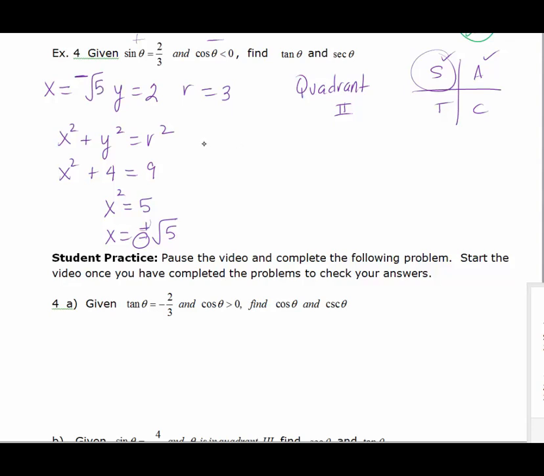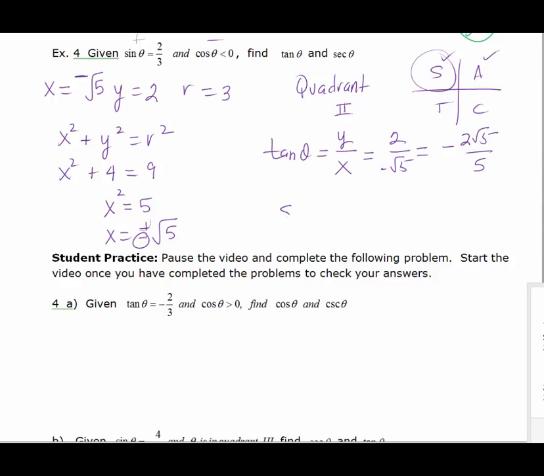And now I can find the tangent of theta. The tangent of theta is y over x. So I'm going to have 2 over negative square root of 5. We can rationalize this to be negative 2 square root of 5 over 5.